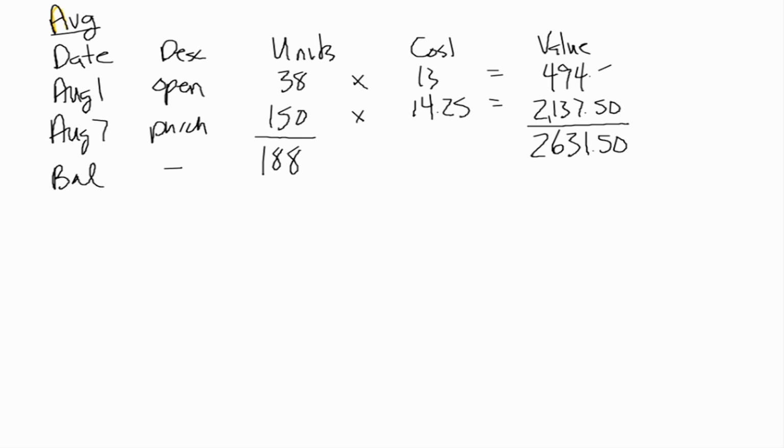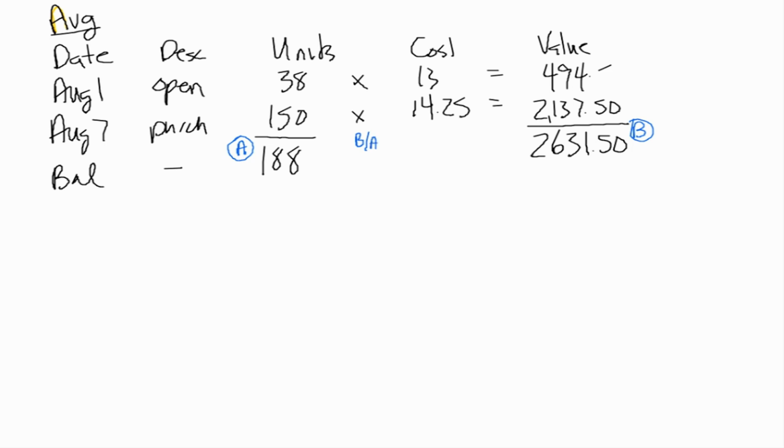So now we're going to do something different. I need to know the average cost of this inventory. In order to calculate the average cost, I've got A over here, B over here. I'm going to take B and divide it by A to find out the average cost of this inventory.